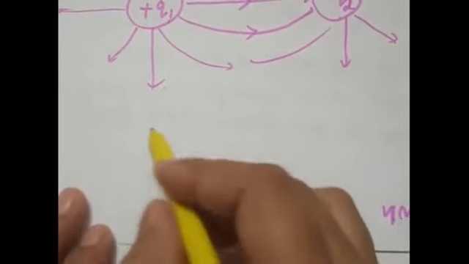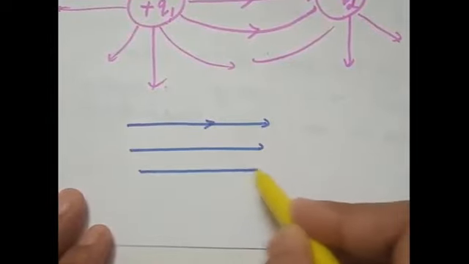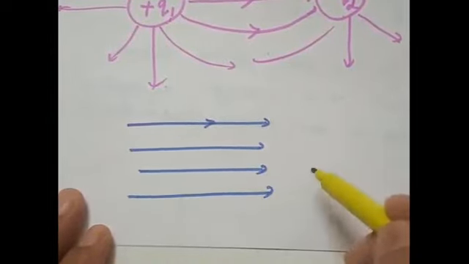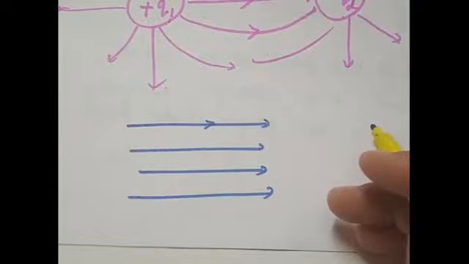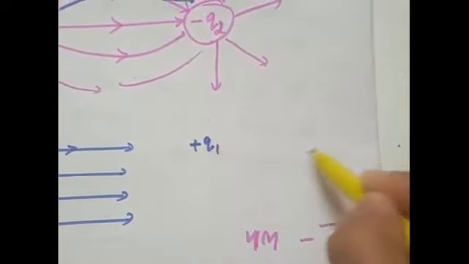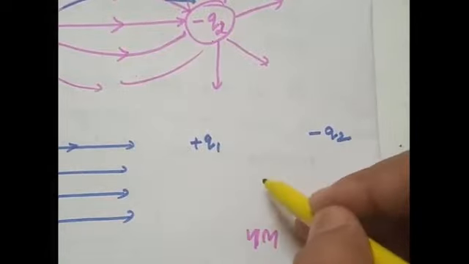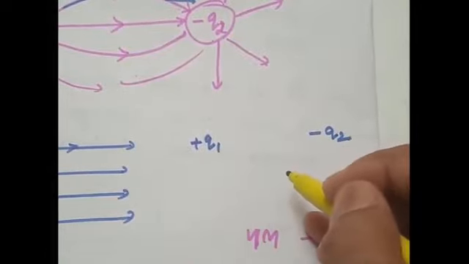Electric field lines can also be uniform at infinite distances, because we have a plus Q charge here and a minus Q charge here, Q1 and Q2, positive and negative, two charges separated by a very long distance.